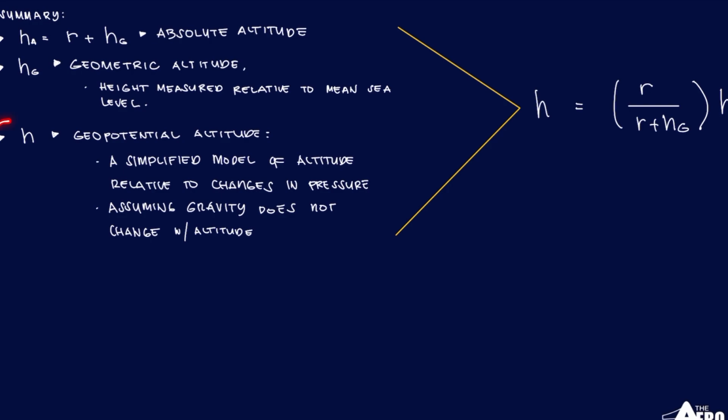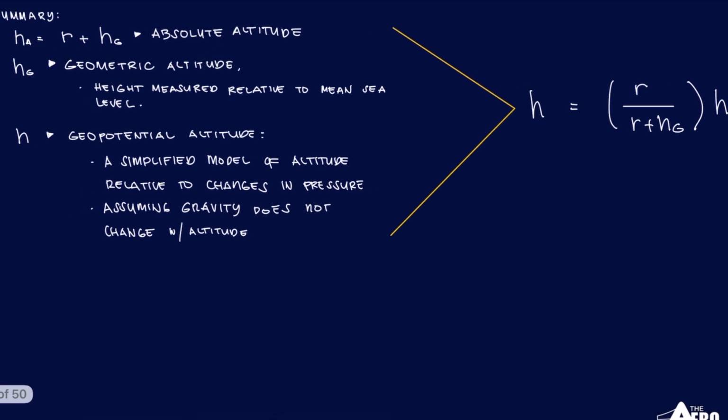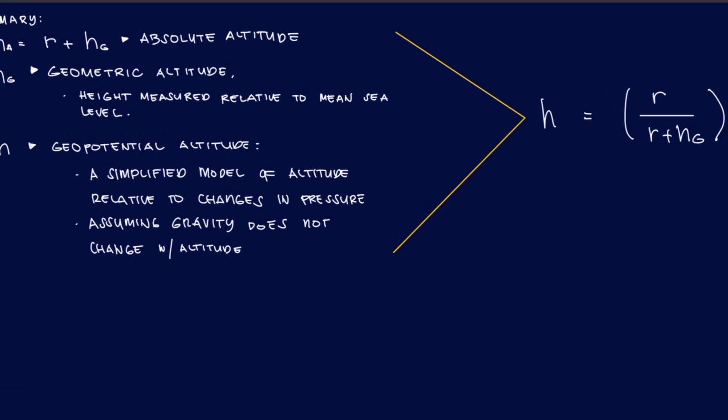We get the geopotential altitude, which is a simplified model of altitude relative to changes in pressure, assuming gravity does not change. All three types of altitude are included in one equation, in which H, the geopotential altitude, is equal to R over R plus the absolute altitude multiplied by the geometric altitude.